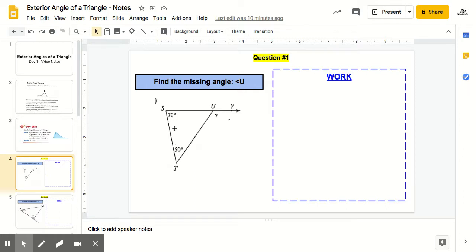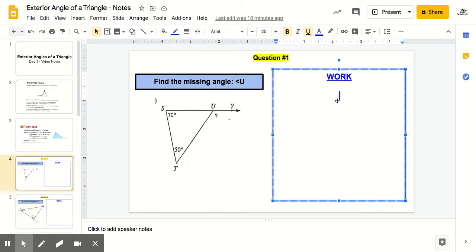Angle S and angle T are not right next to U, so they're not adjacent. So I can find the measure of angle U by simply adding these two angles together, which is what I'm going to do. So 70 plus 50 equals 120. So the measure of angle U is going to be 120 degrees.